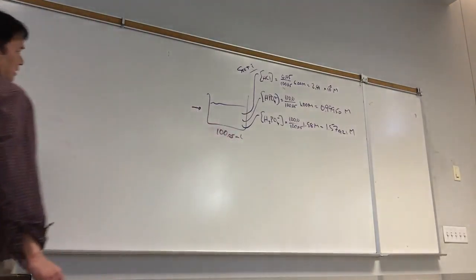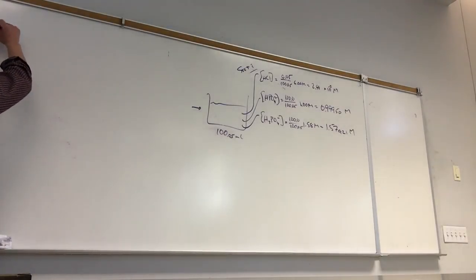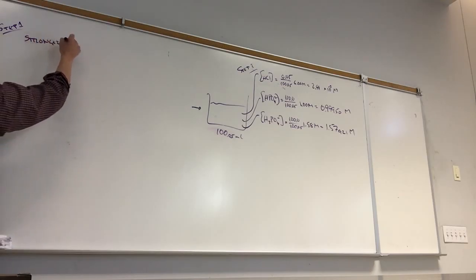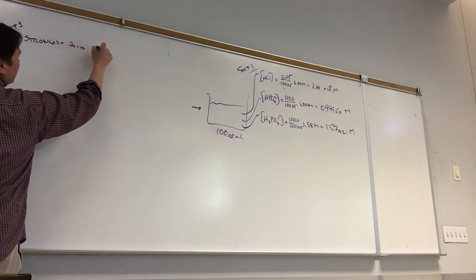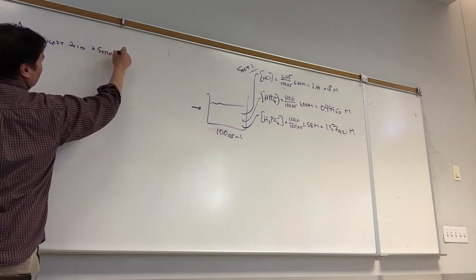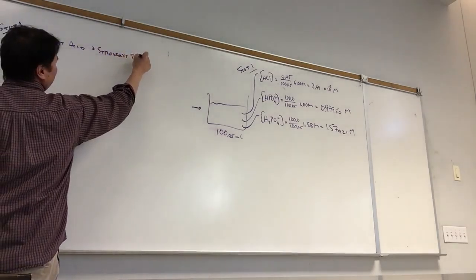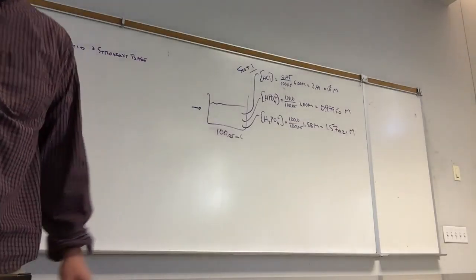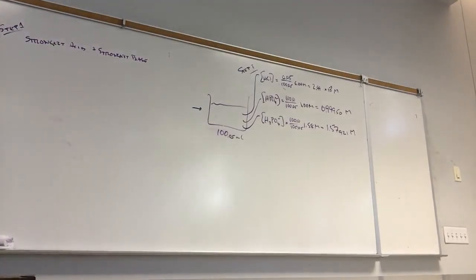In chapter 17, as in chapter 16, step 1 is the same. Step 1, we take the strongest acid plus the strongest base present. And so we look for what's the strongest acid present in this mixture.